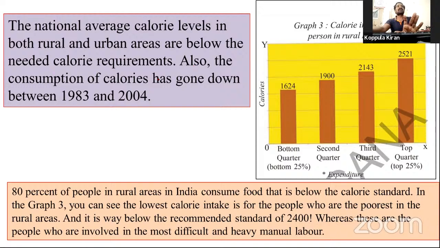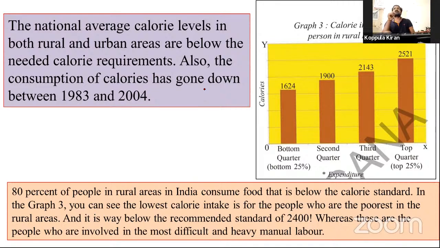Also, the consumption of calories has gone down between 1983 and 2004. The national average in our villages and urban areas: we should take 2,100 kilocalories in urban areas and 2,400 in rural areas, but that kilocalories of food is not available.